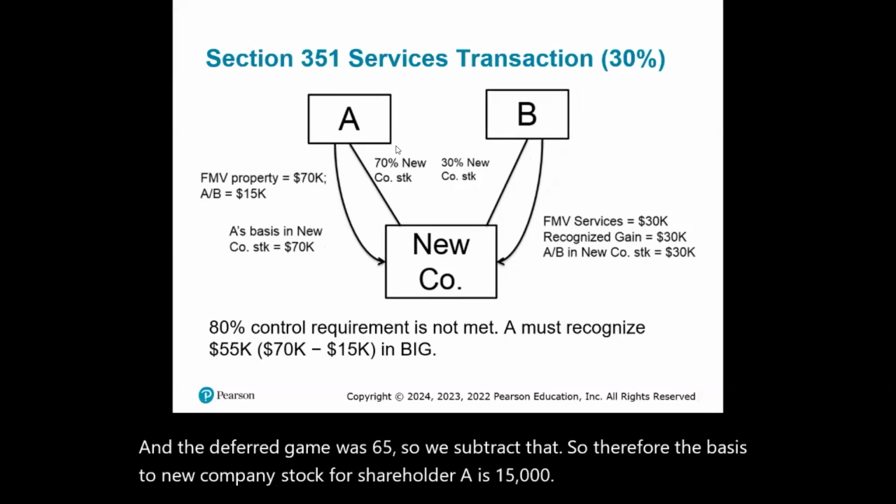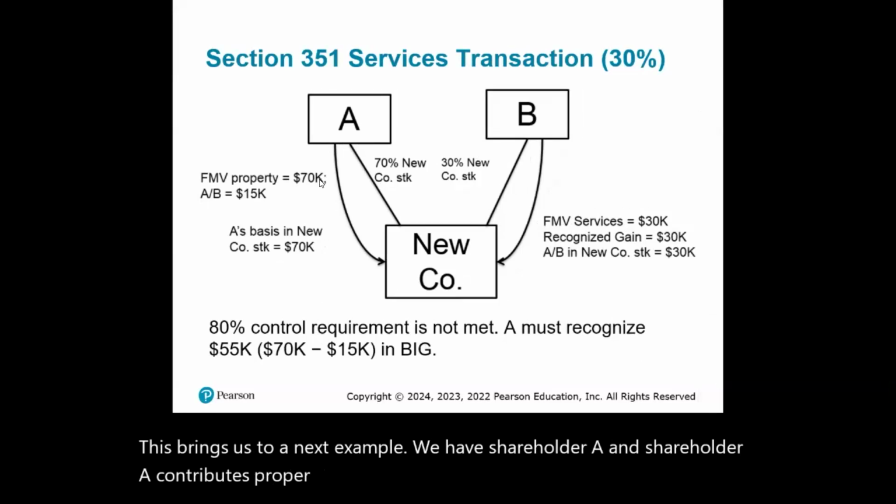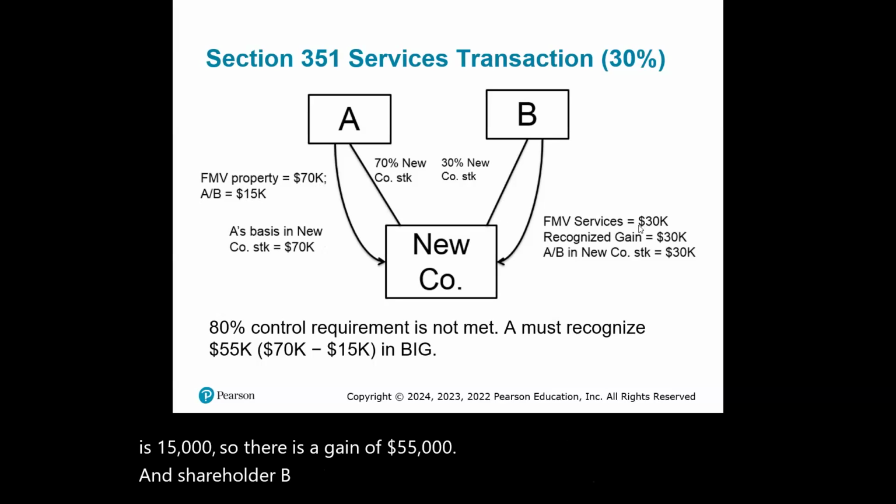This brings us to the next example. Shareholder A contributes property with a $70,000 fair market value. The adjusted basis is 15,000, so there is a gain of $55,000. Shareholder B contributes services worth $30,000 for 30% of the stock.